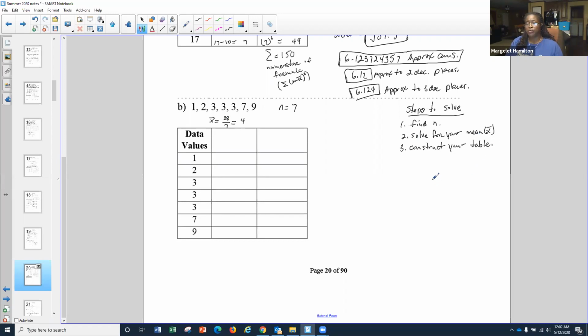Construct your table. You have your data items, right? So your next column. So here's column headings. You have data values.